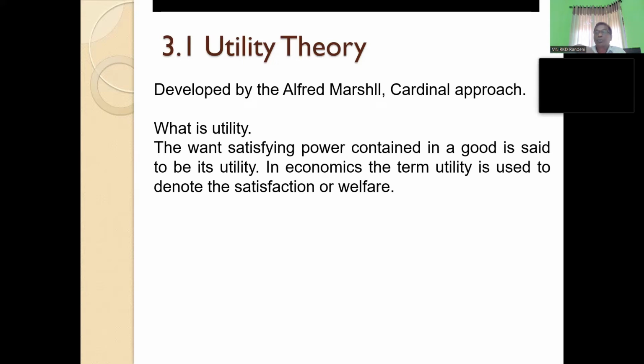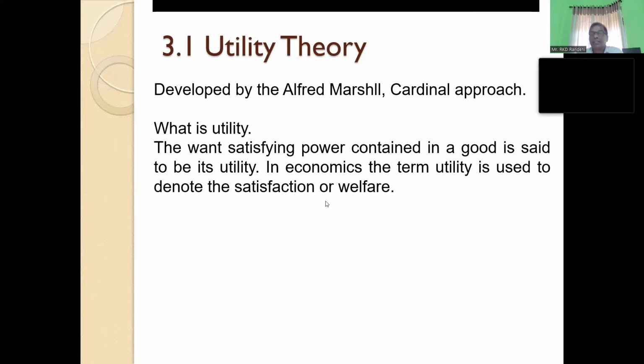Before consuming, we purchase that commodity because that good has some power to satisfy our needs. In this session, you can use utility and satisfaction as the same word.